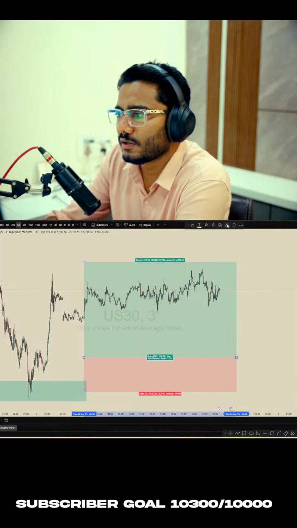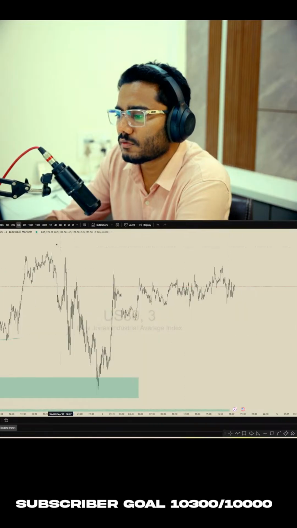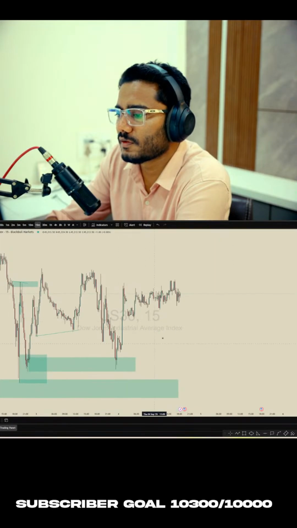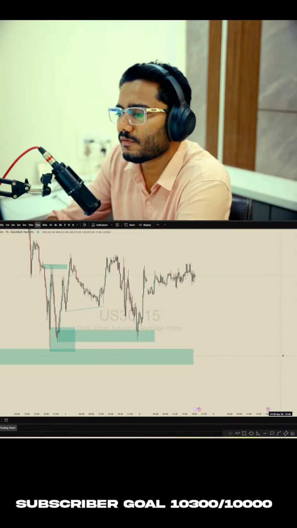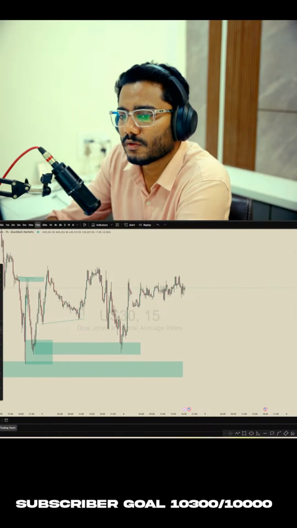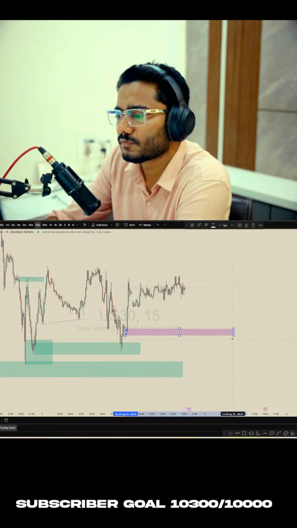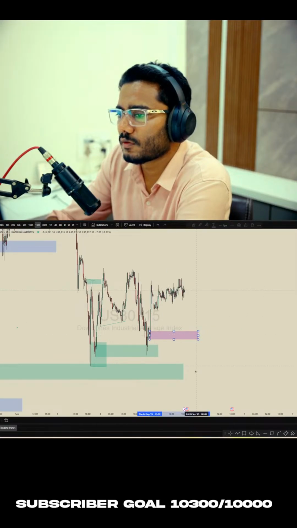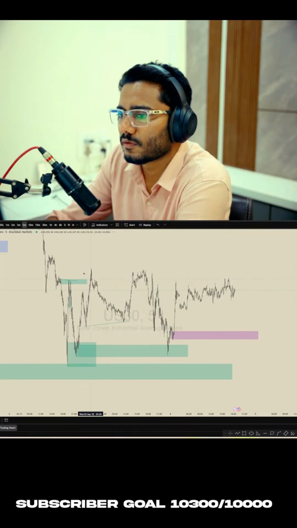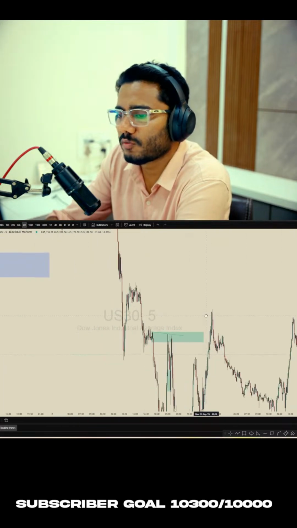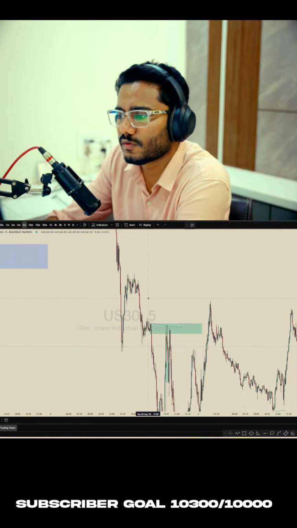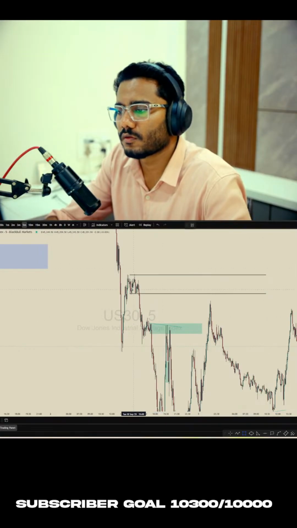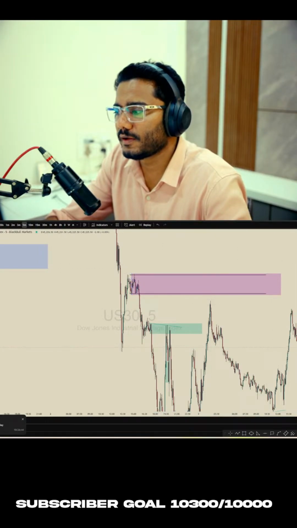US30 is consolidating. So right now it's just creating liquidity. You can look for buy side from here, from this sort of block. There is a sell side order block above the structure. So this is the order block which broke the structure but never mitigated.